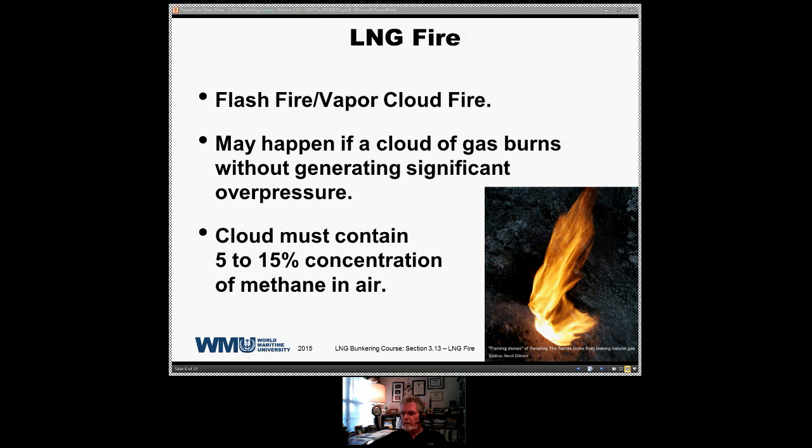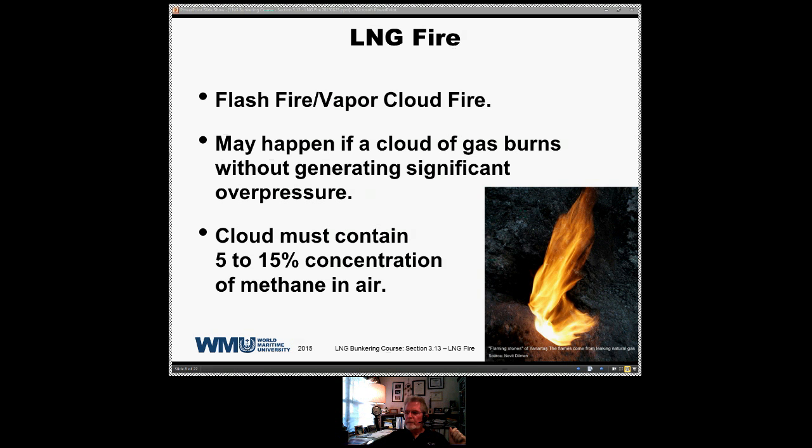If it does meet a source of ignition, you do get a fire. But the only thing that burns, and this is very, very interesting, is the area where that concentration is 5 to 15%. Anywhere outside that 5% to 15% area is not going to be involved in flame.